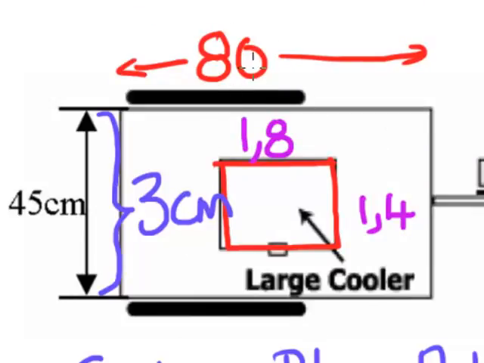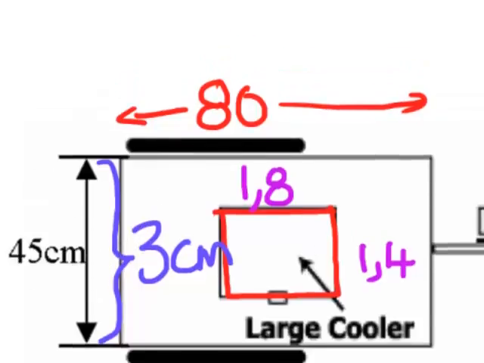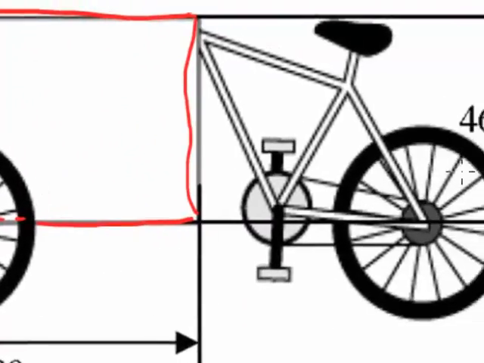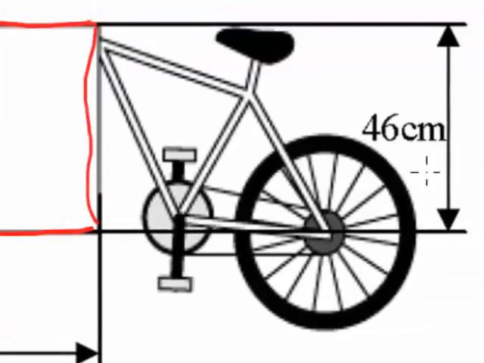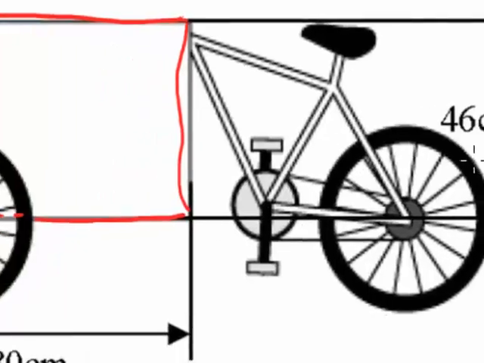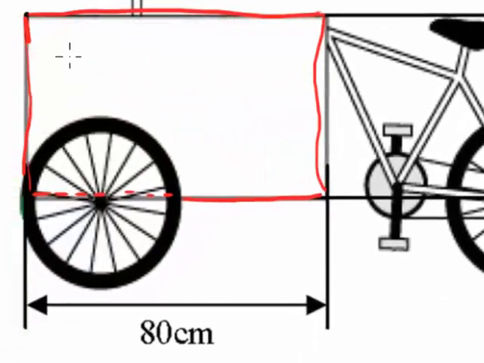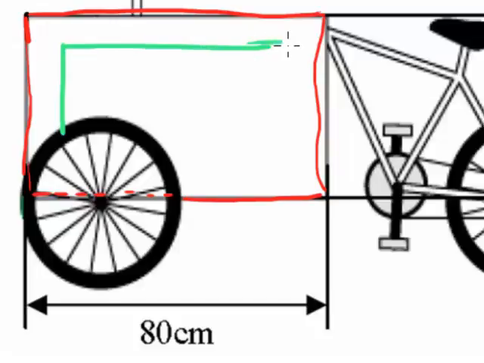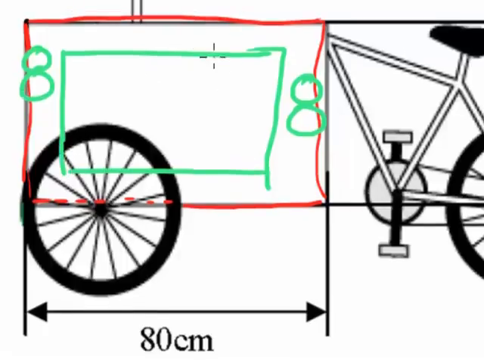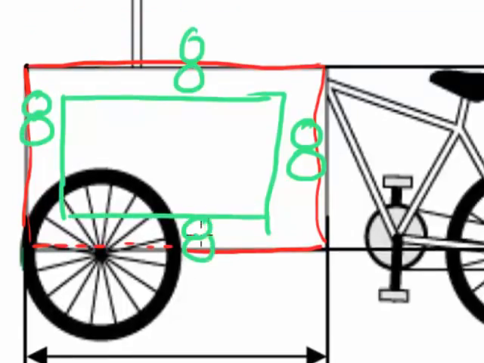The external dimensions are 80 centimeters by 45 centimeters, and the height is 46 centimeters. We have to take those three and subtract 16 centimeters from each. Remember, your insulation is going to be 8 centimeters all around: here as well, and all around the sides and the top as well. So we have to take off 16 centimeters off each of those.